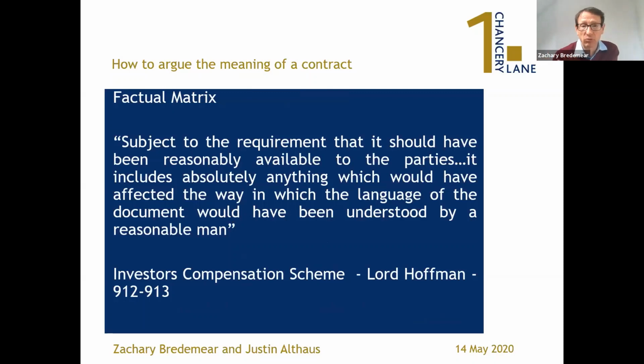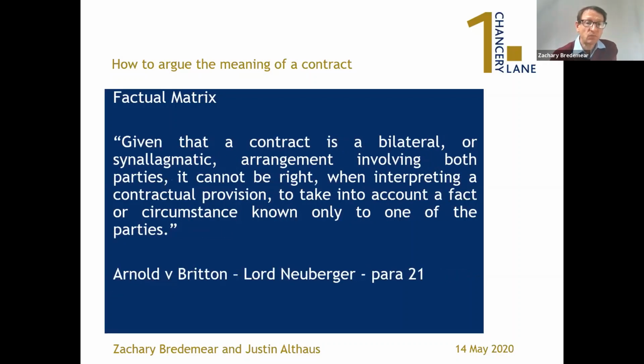So that's potentially a very broad category of matter that can be looked at. And one of the difficulties that gives rise to is the extent of the material, the extent of the disclosure, the expense of the litigation, which can arise from what might otherwise be a simple investigation as to what something means. And there's a limit on what one can look at.